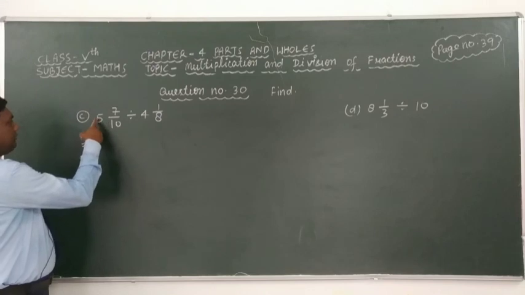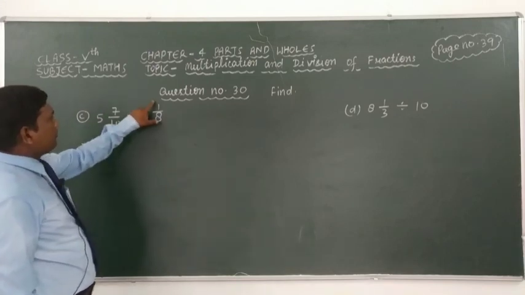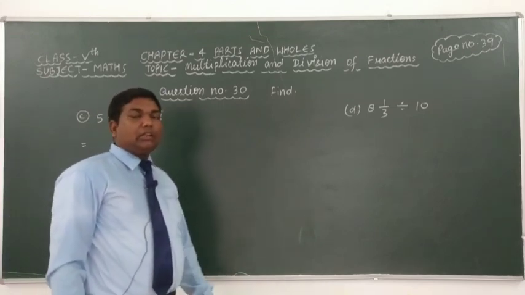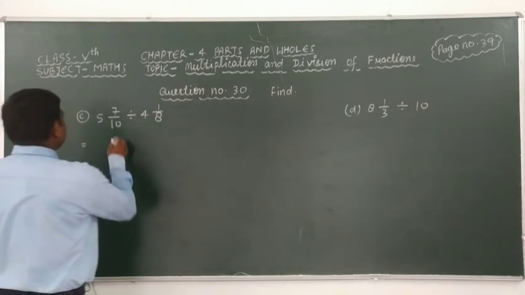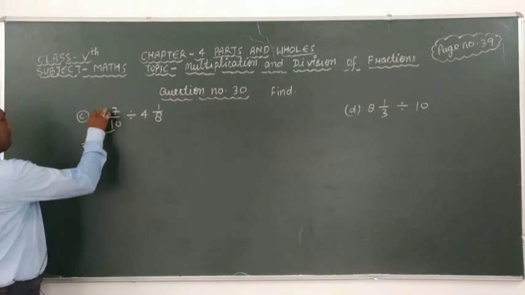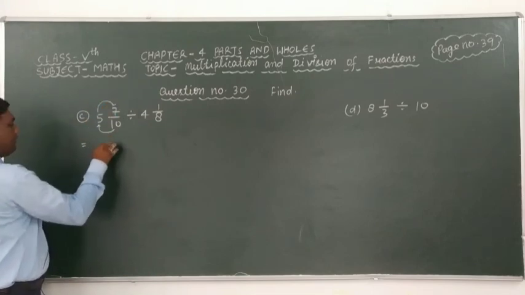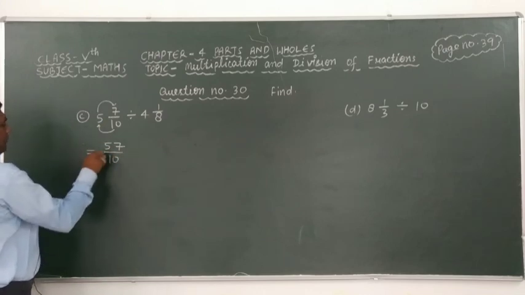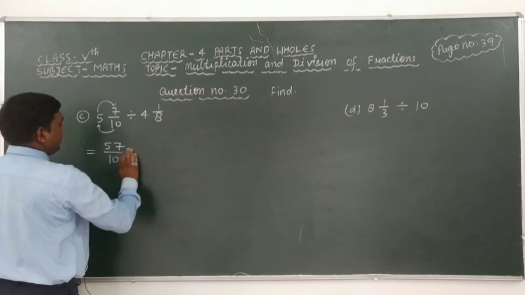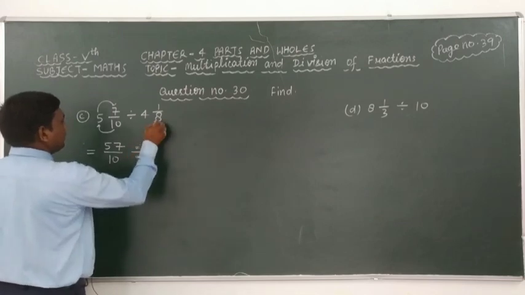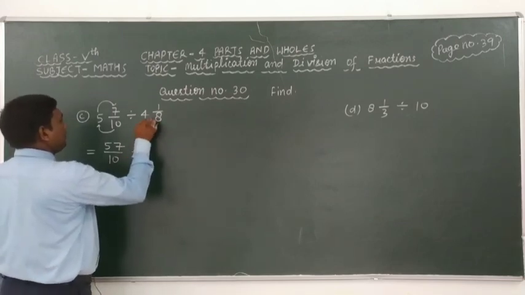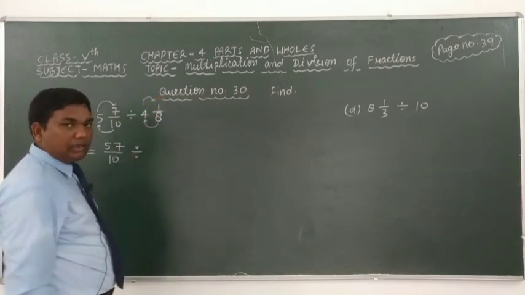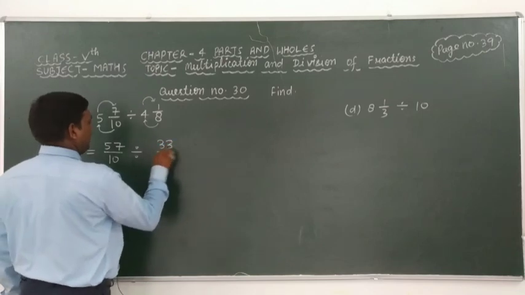In this question, here given that 5 mixed 7 over 10 divided by 4 mixed 1 over 8. Firstly, we have to change the given mixed fraction into an improper fraction. Look, 10 fives are 50, 50 plus 7 is 57 over 10. It means that here we can write 57 over 10 divided by 8 fours are 32, 32 plus 1 is 33 over 8.